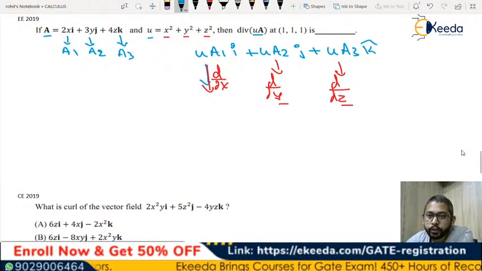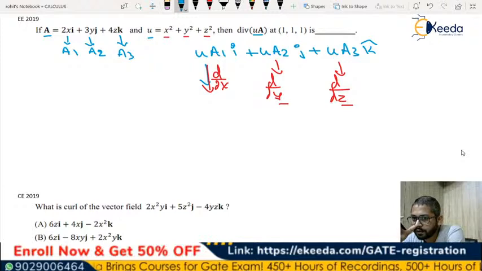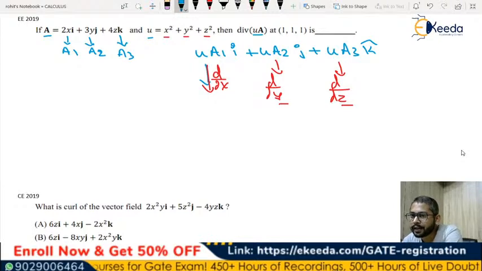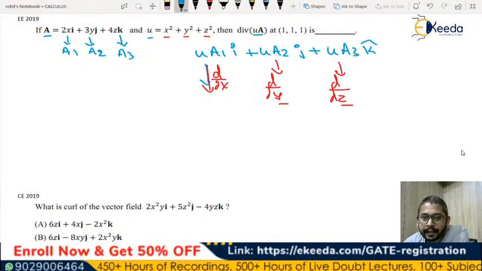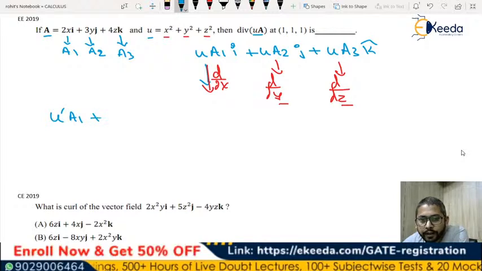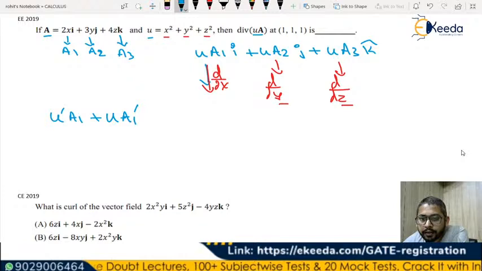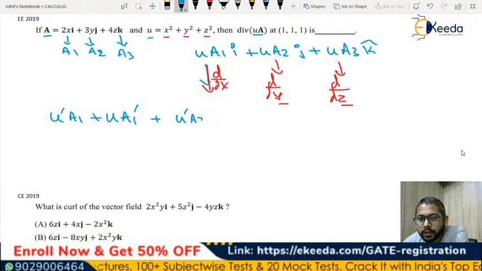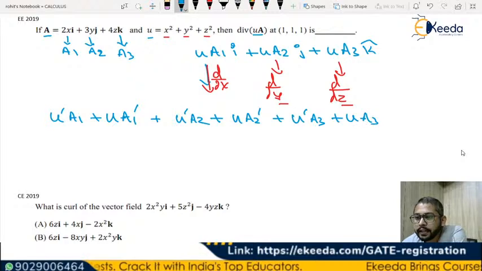The divergence result is going to be, of course you will use the product rule, right? You have u into a1 and you have to differentiate this with respect to x. So I'm writing it as u dash a1 plus u a1 dash, plus u dash a2 plus u a2 dash, plus u dash a3 plus u a3 dash.